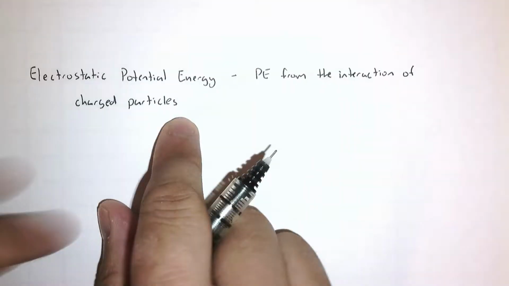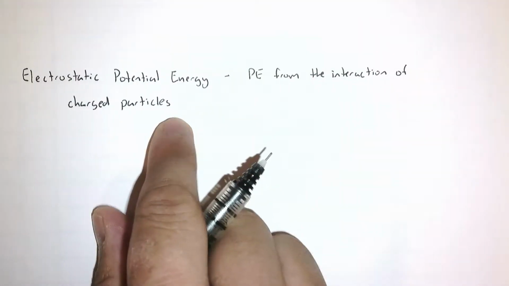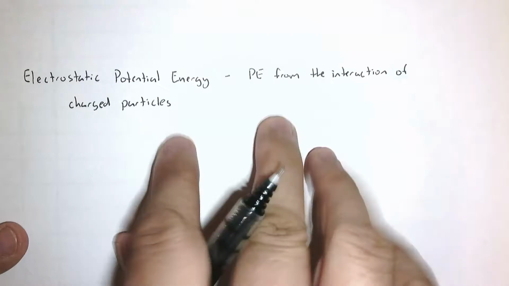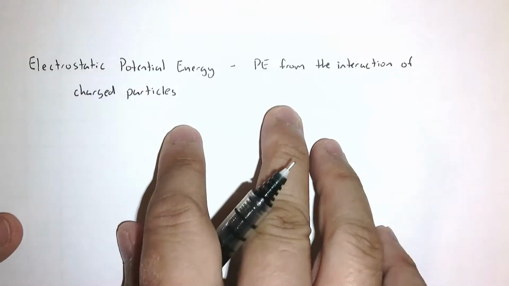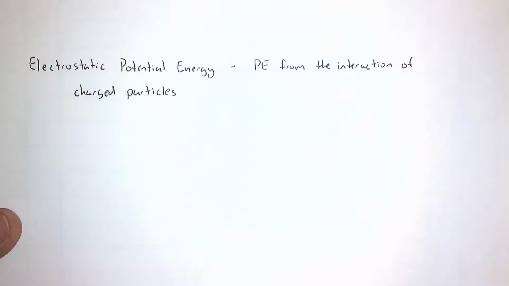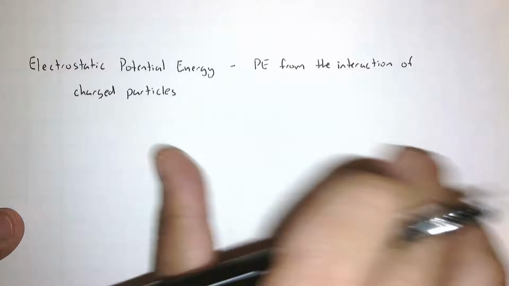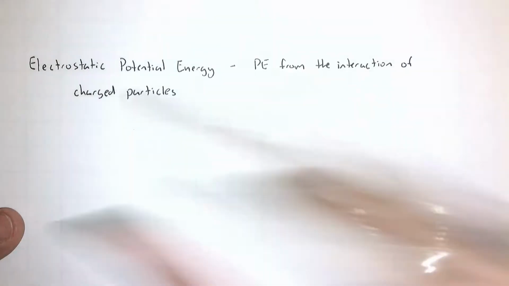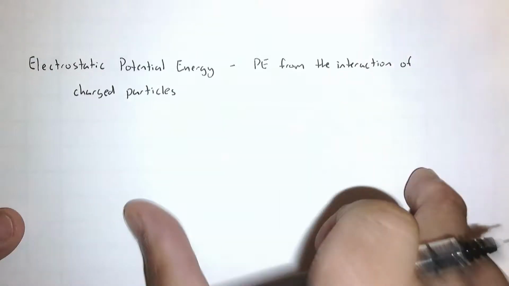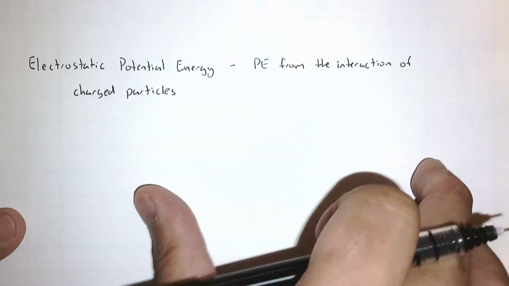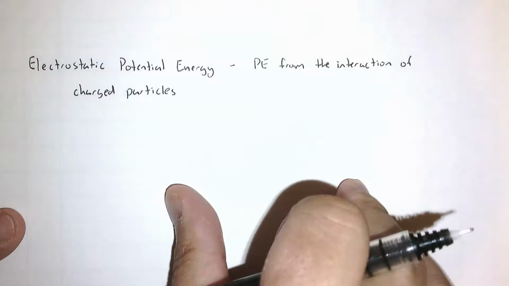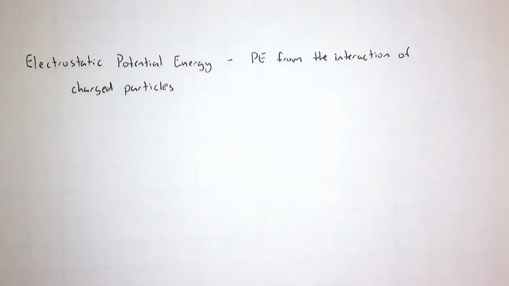It doesn't just have to be a single particle. Now this is still energy that comes from or is due to its position, because the farther apart charges are, that affects the potential energy. As you bring charges closer together, again, that will affect the potential energy.